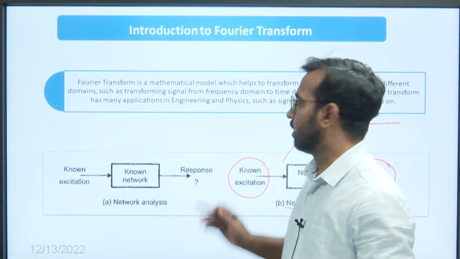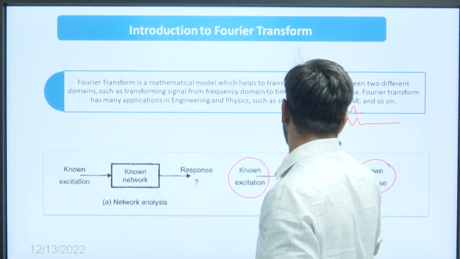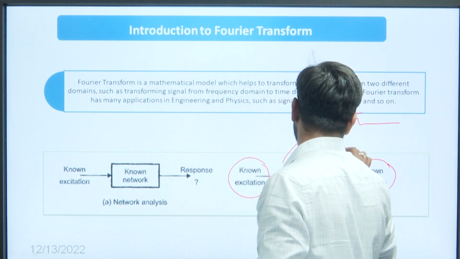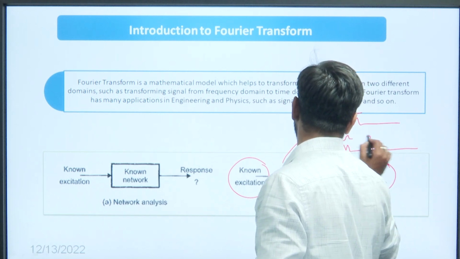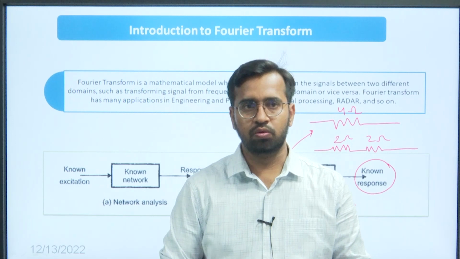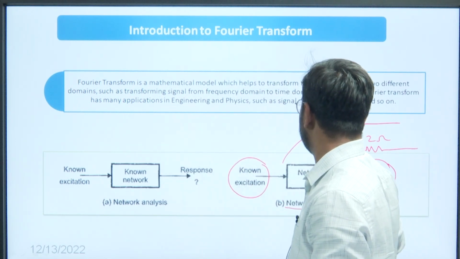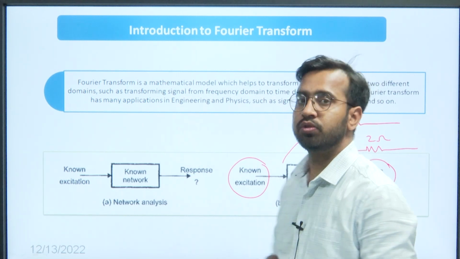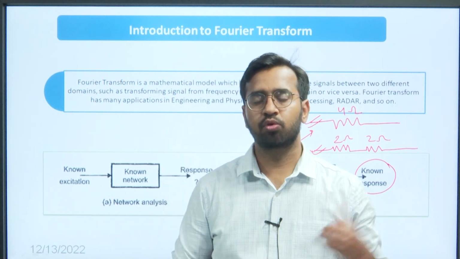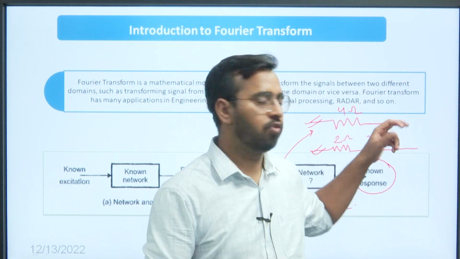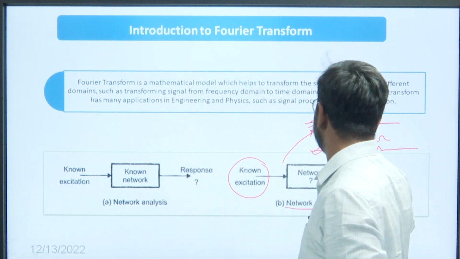So one can say that the network is going to be 4 ohm, but someone else can say that it is a series combination of 2 ohm and 2 ohm resistances. So someone can get 4 ohm, or someone else is getting 2 plus 2 in series. Although the result is the same, in both cases the final resistance will be 4 ohm, and in synthesis this is also correct.